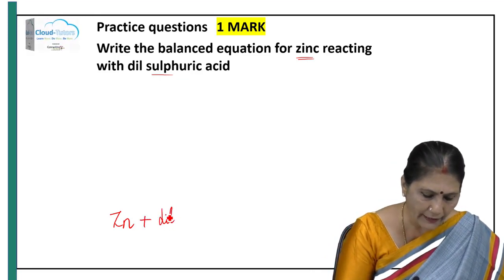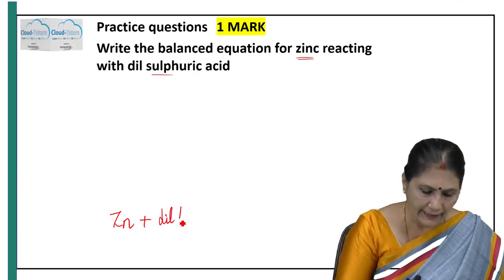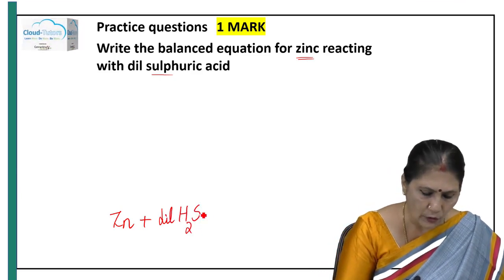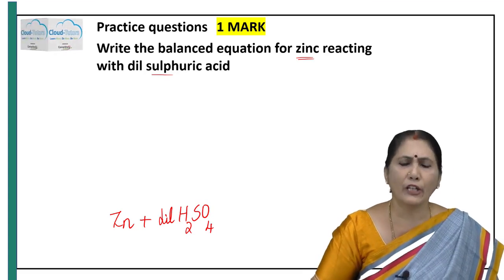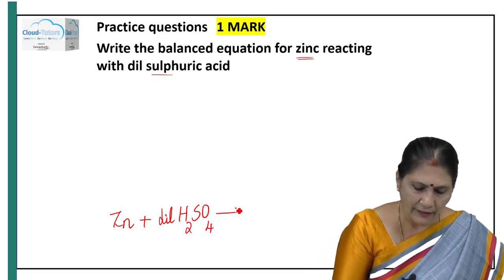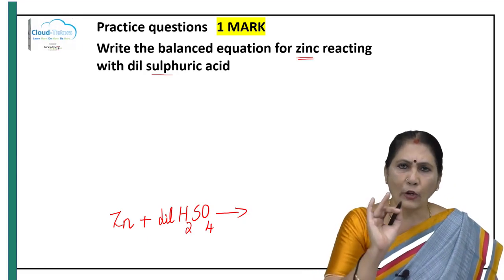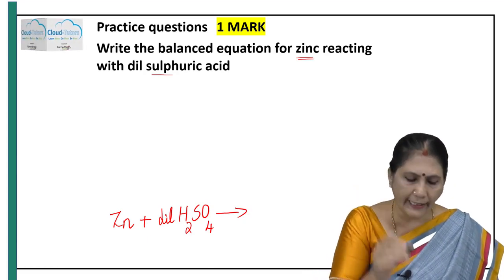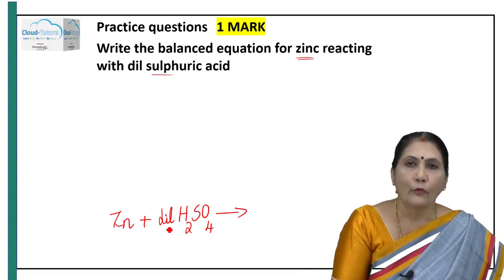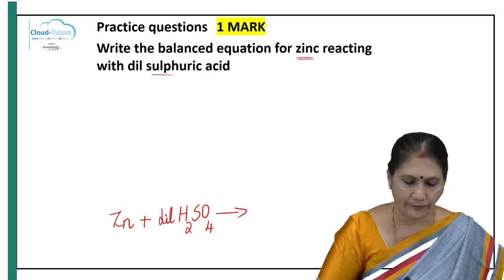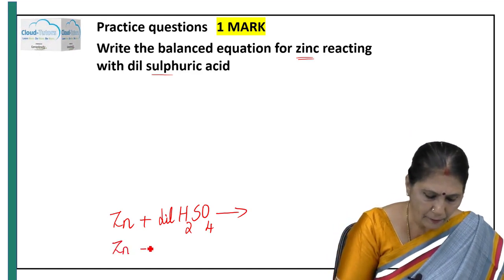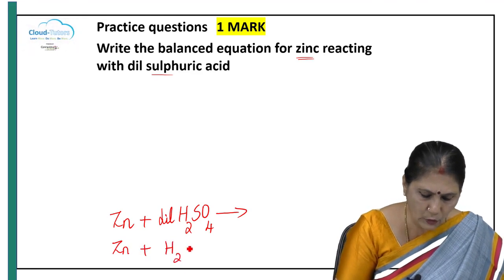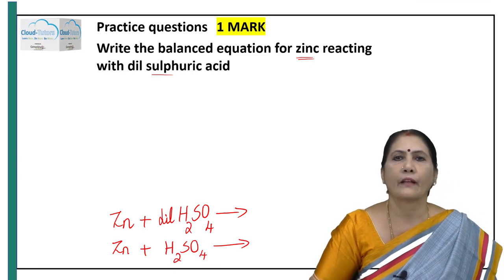You write DIL and then H2SO4. But when you are balancing a chemical equation, there is no necessity to specifically mention this word DIL. You can write the equation as Zn plus H2SO4 gives.